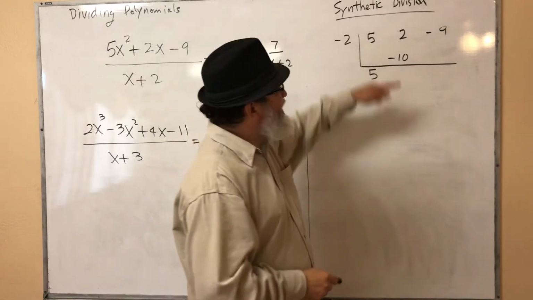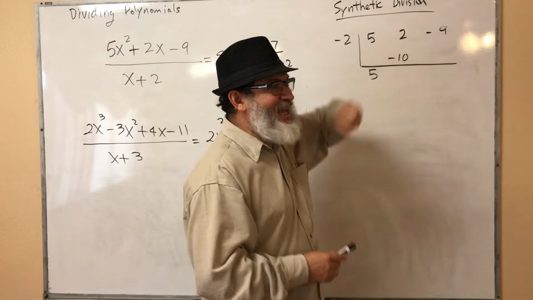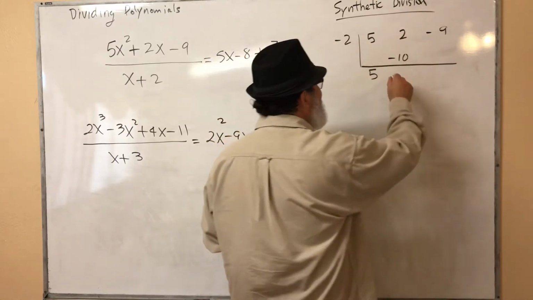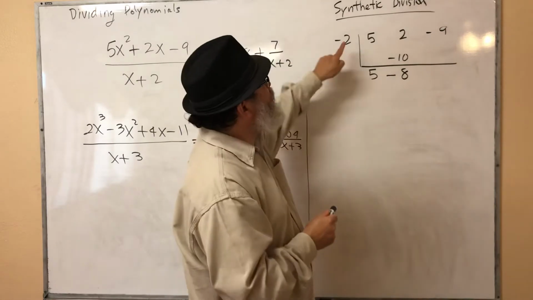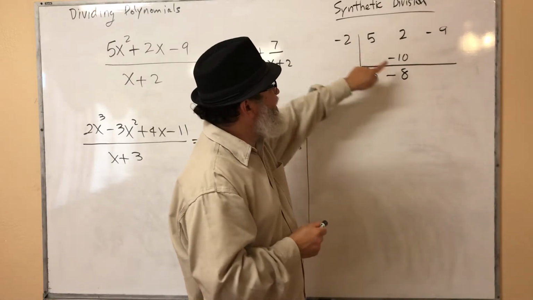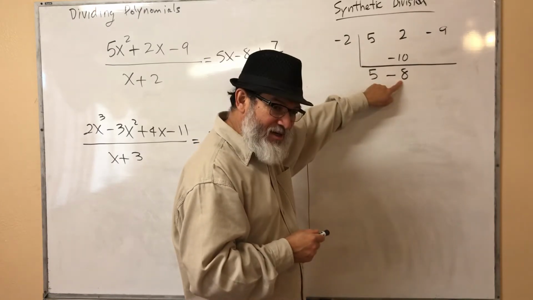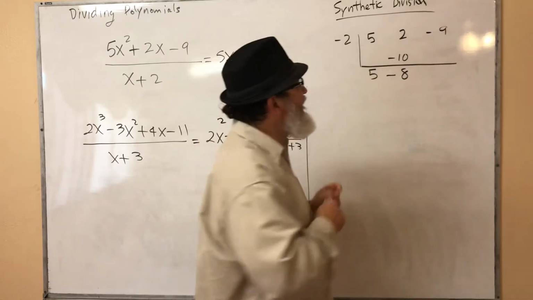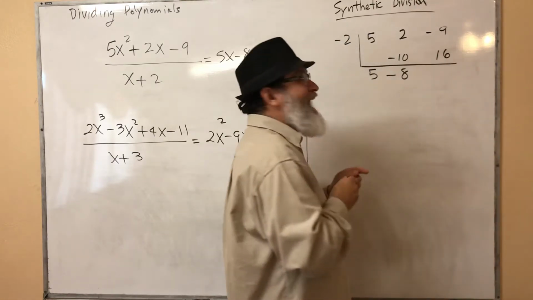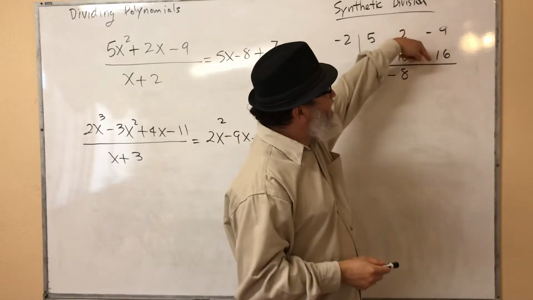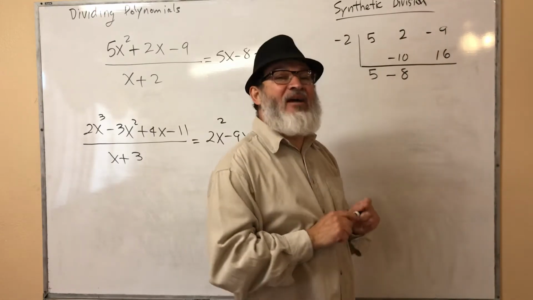Add those two. 2 plus negative 10 is negative 8. Multiply. Negative 2 times negative 8, 16. Add. Negative 9 plus 16, 7.